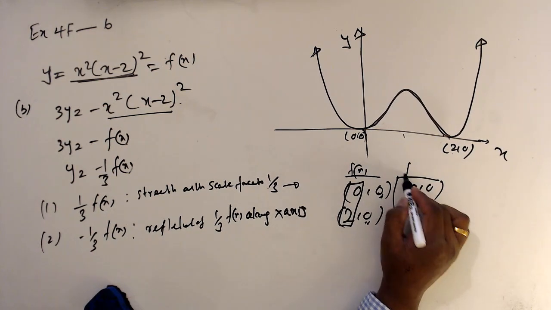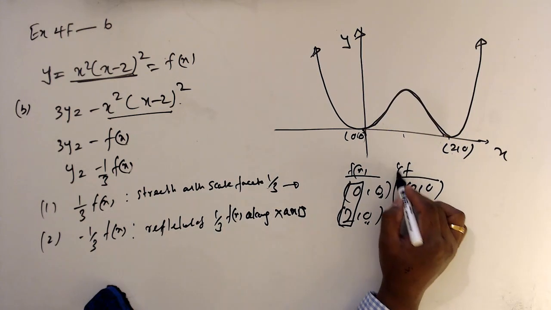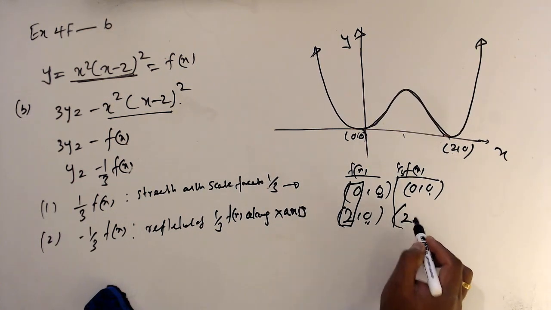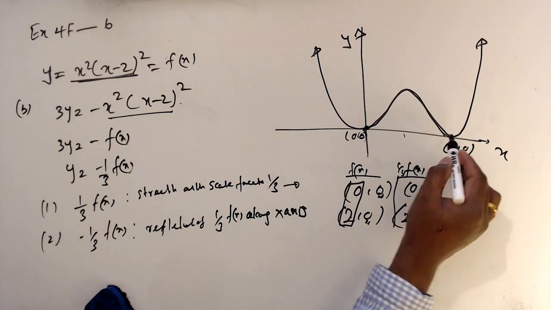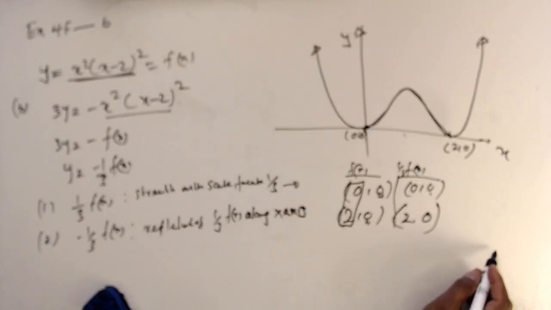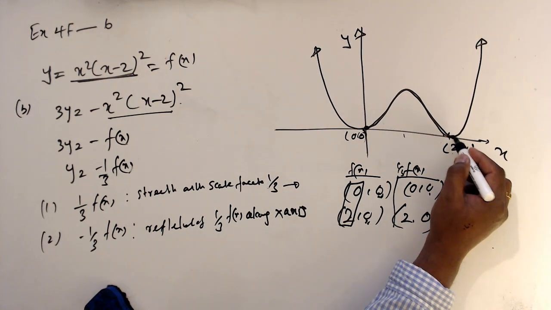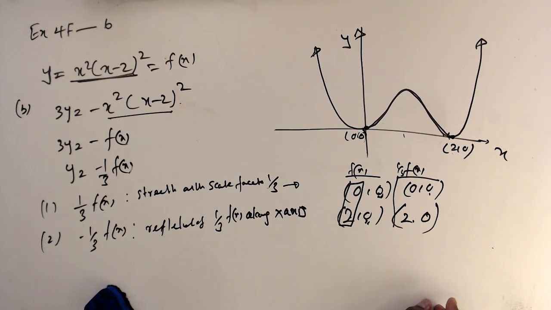Now this is for 1/3 f(x). 0 times 1/3 is 0, and 2 as it is, 0 times 1/3 is 0. These two points are fixed. Now I don't have any other points, so I have to get the points or use my sense.